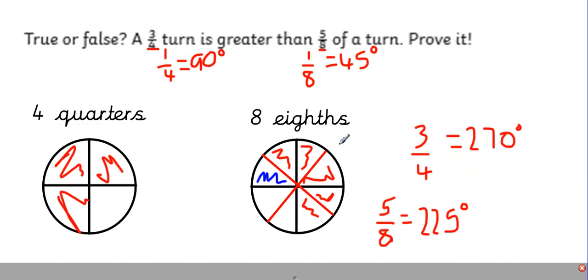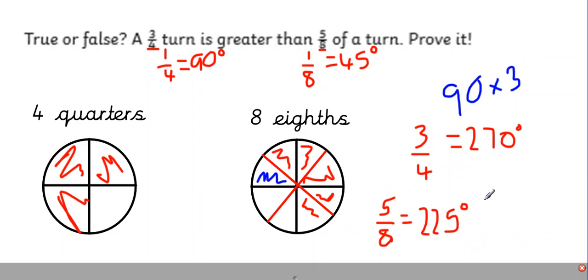Okay, I've done it again here by working out that 3/4 is worth 270 degrees because 90 times 3 is 270. Okay, because I know that 1/4 is worth 90 degrees, so 3/4 is worth 270 degrees.